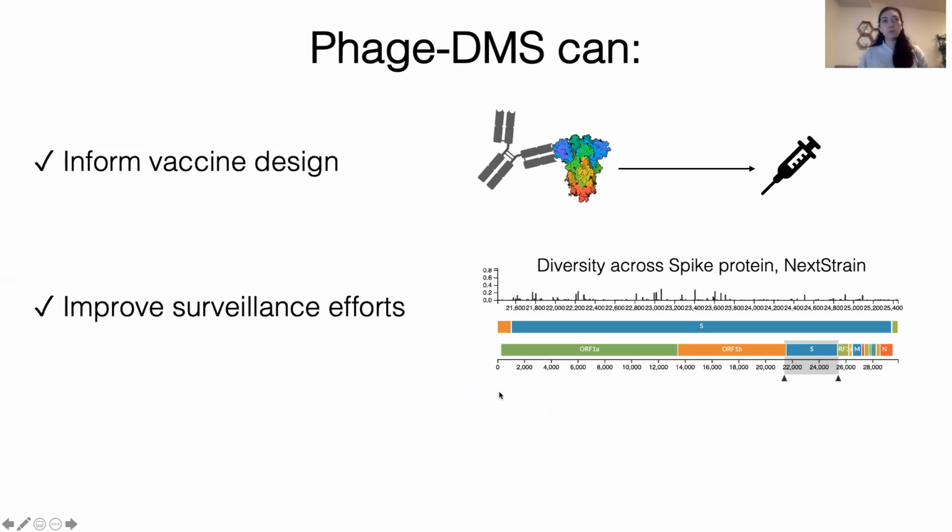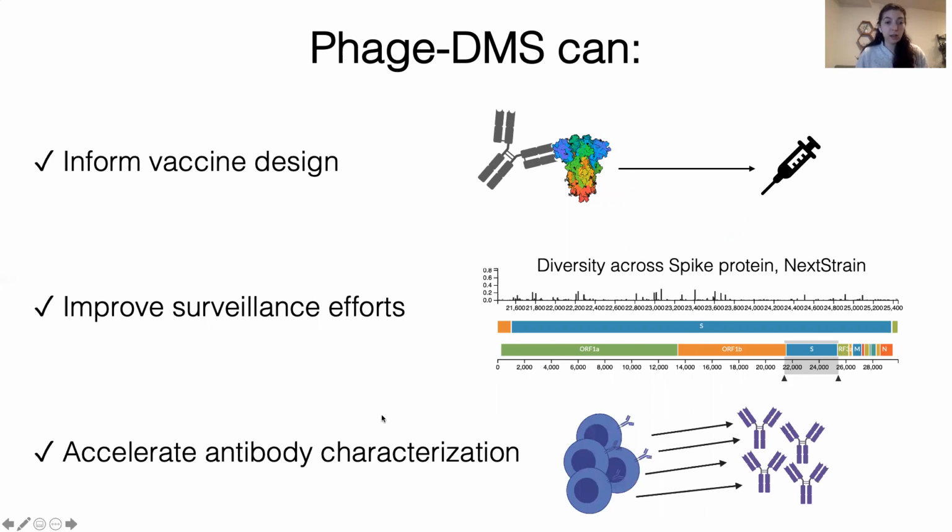As we know, there's many different mutations cropping up across the spike protein, but which ones are important, which ones are ones that we should be keeping an eye on, it's difficult to know, but efforts like ours can help differentiate between potentially mutations that could be antibody escape mutations. So it can help us keep track of all of these mutations that are occurring across the spike protein.